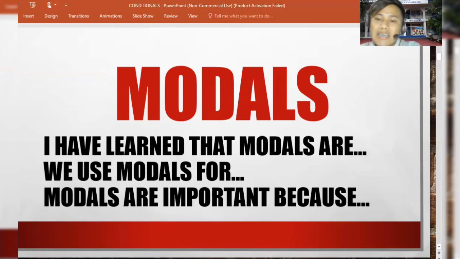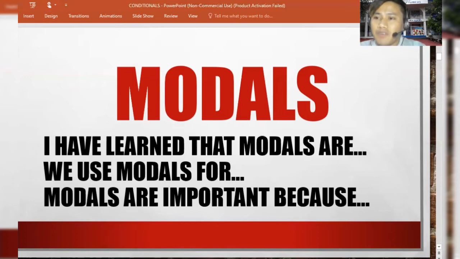So lastly, according to her, modals are important because they are a part of speech. They help us to ask permission and when making requests. That was her thoughts about modals.